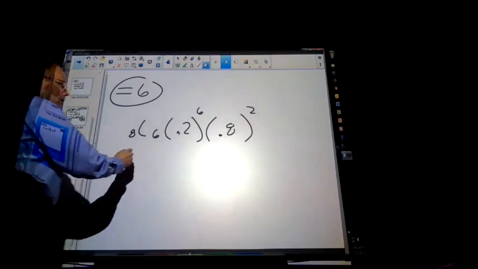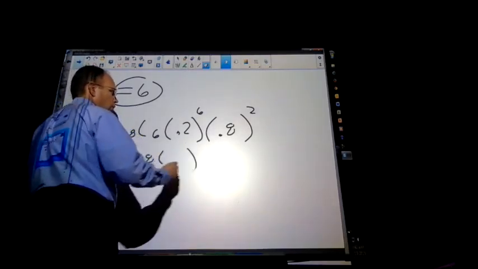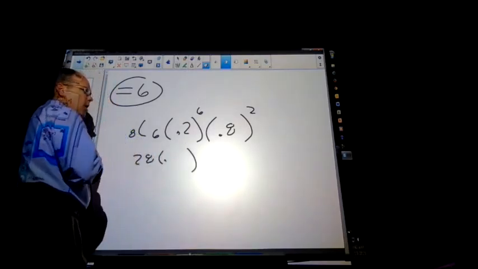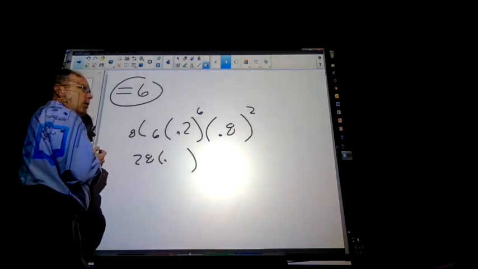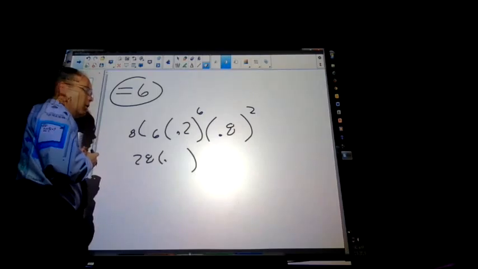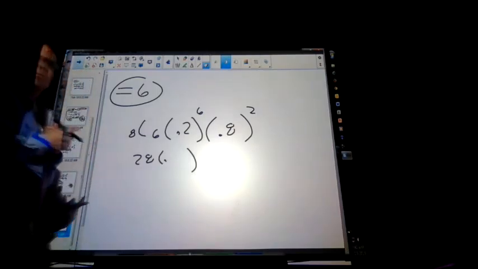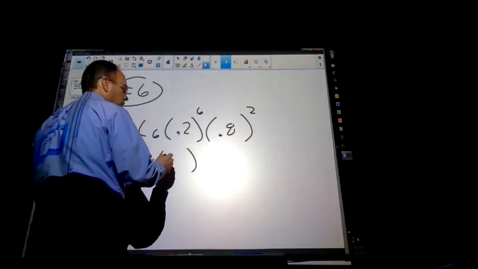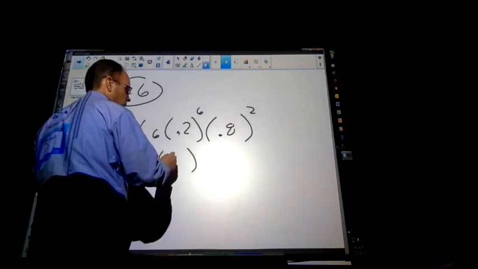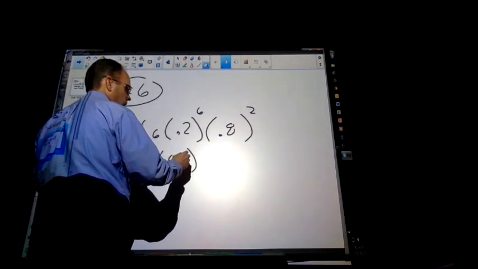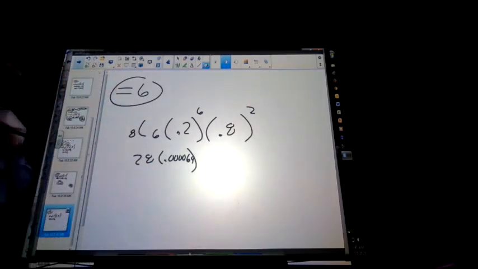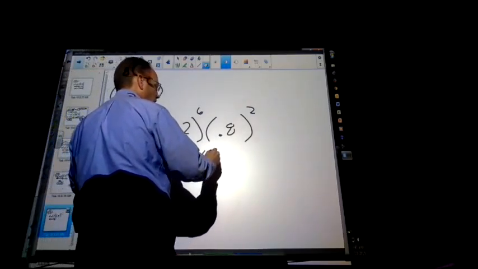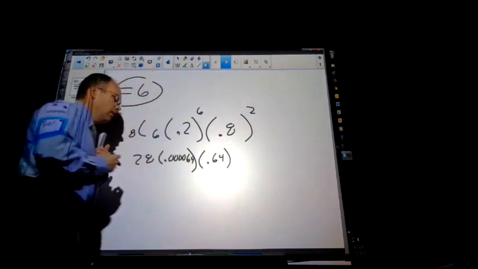What is 0.2 raised to the 6th power? 6.4 times 10 to the negative 5. 6.4 you said? Yeah. Okay. And 0.8 to the second is 0.64, I believe. Is that right? Yeah.